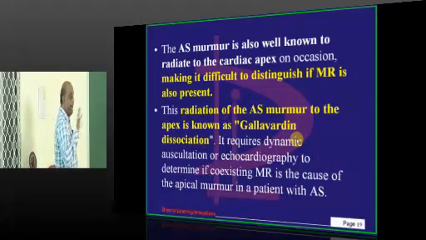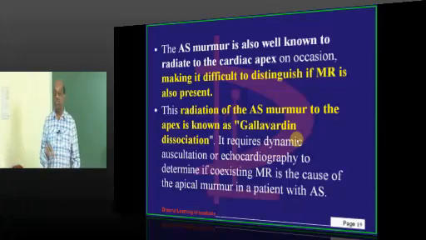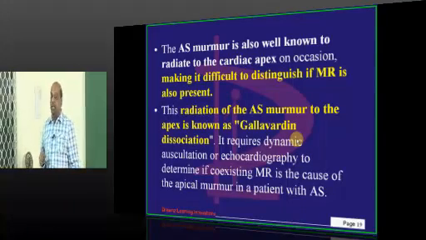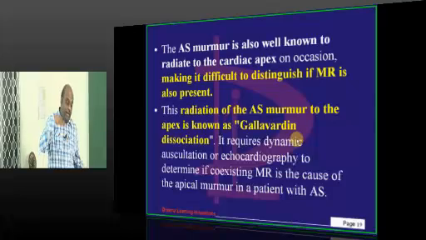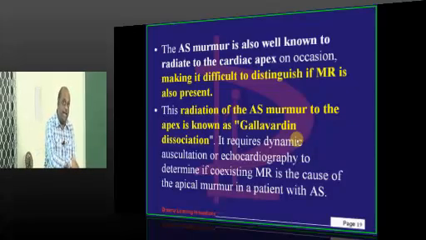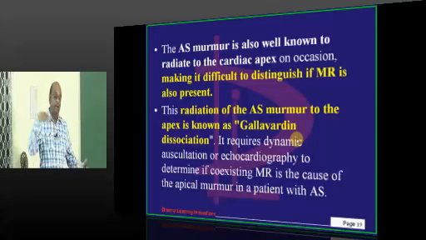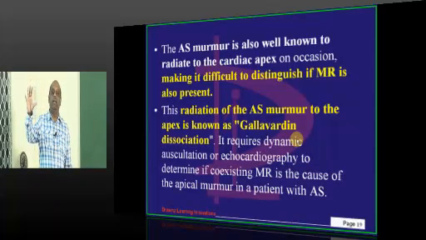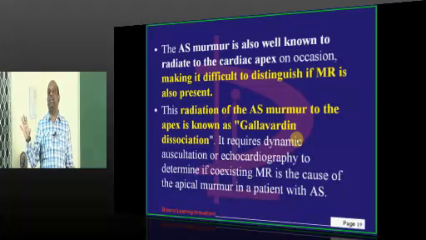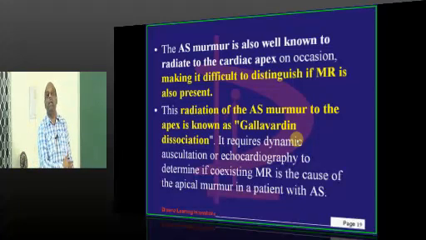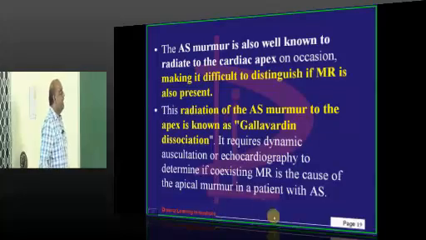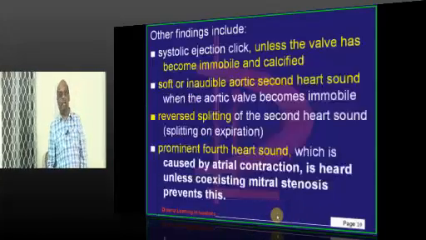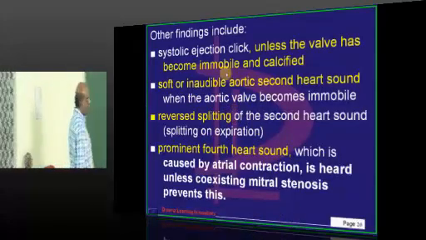It is typically mitral regurgitation. So that is the reason this atypically apex-side radiating aortic stenosis murmur can be confused with the mitral regurgitation's apical radiating systolic murmur, which is basically called Gallavardin's dissociation, is what you have to be very sure of.